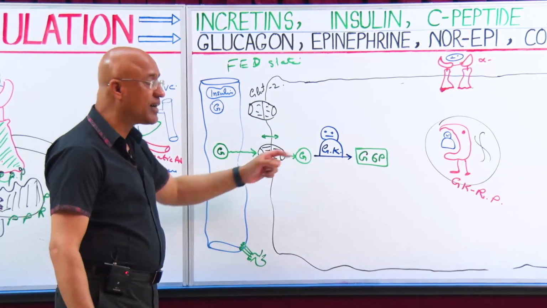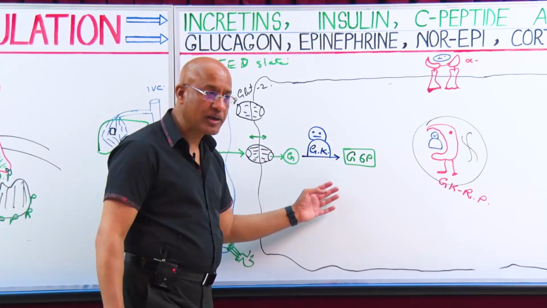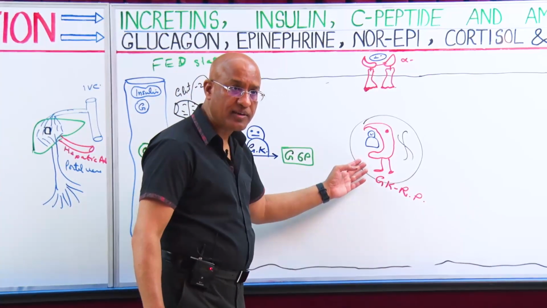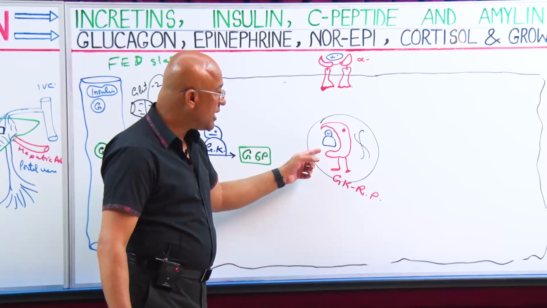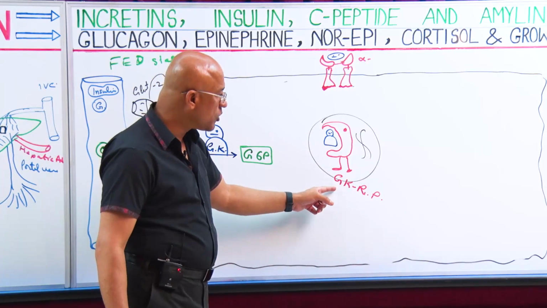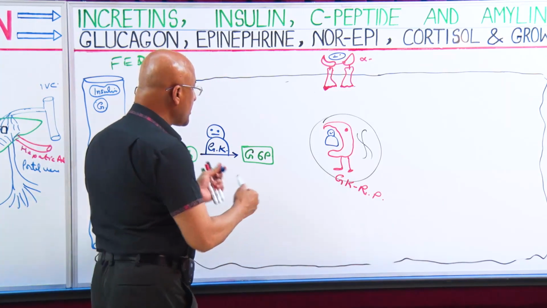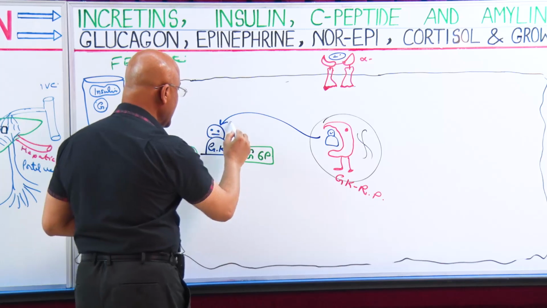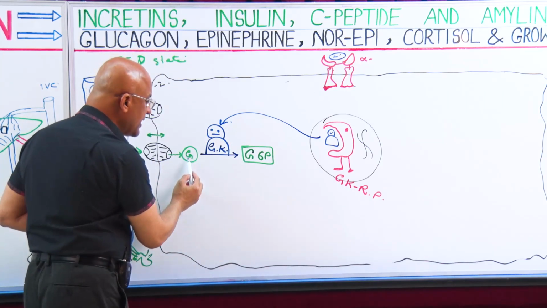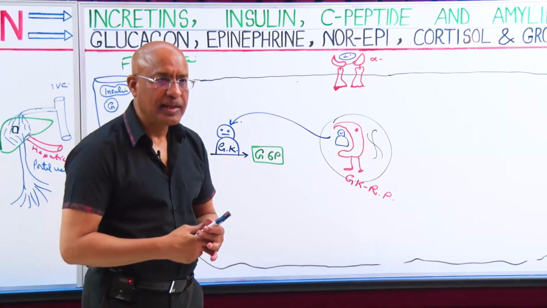Once glucose starts entering, it will not only enter into the cytosol, but it will also reach the nucleus, and from there it will help the glucokinase get rid of the glucokinase regulatory protein, and glucokinase will come over here and convert glucose into glucose 6-phosphate.